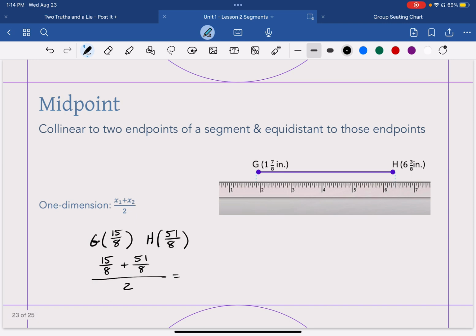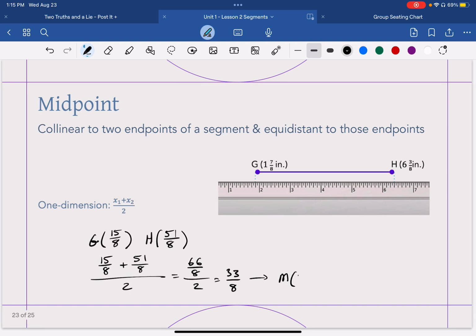We get 66 over 8 divided by 2, which equals 33 over 8. And so therefore, our midpoint is going to be 4 and 1/8 of an inch. So let's find that. Okay.